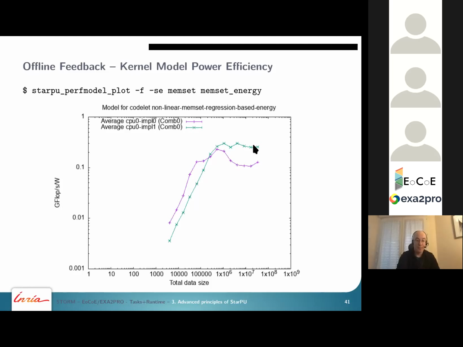So in the context of the EXA2PRO project, we use this kind of feedback to automatically select which implementation should be used for which intervals of sizes. But otherwise, StarPU can also do this at runtime, just looking at the figures.